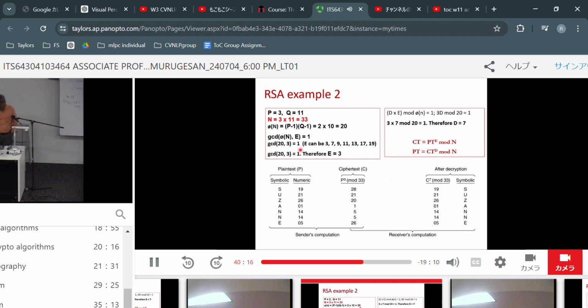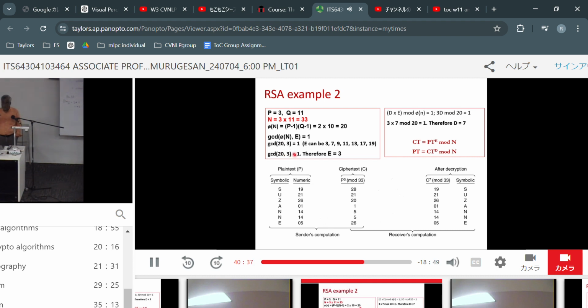Greatest common divisor. What do you mean by greatest common divisor? The biggest number, same number that divides both these numbers. It should be the biggest number.